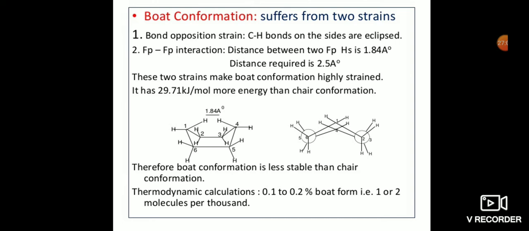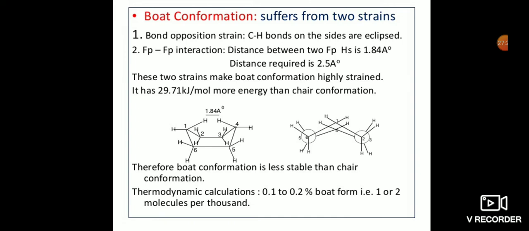Bond opposition strain: CH bonds on the sides are eclipsed. You can see it in the second structure, by Newman projection formula, by the dot and circle method. You can see here it is like an eclipsed structure.